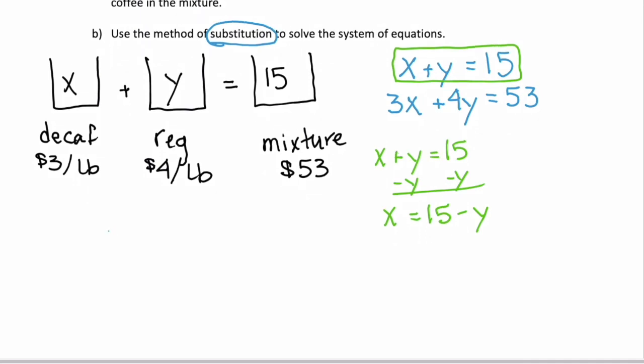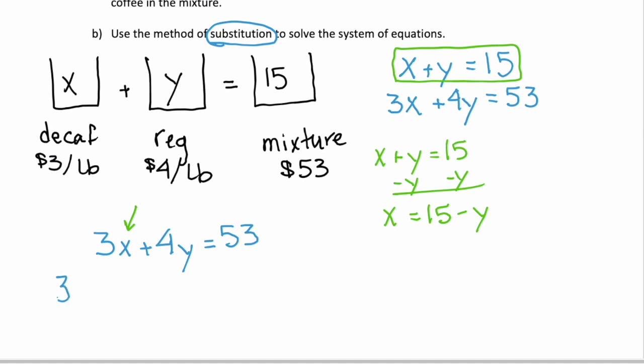So if I go back to my second equation, 3x plus 4y equals 53, I'm going to take my value for x and substitute it in for this x.